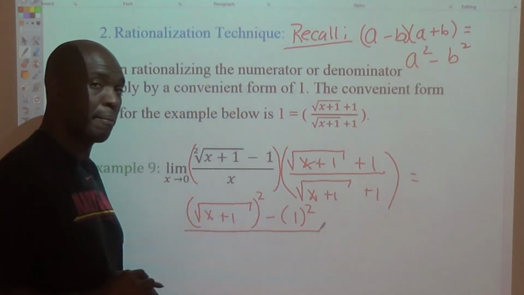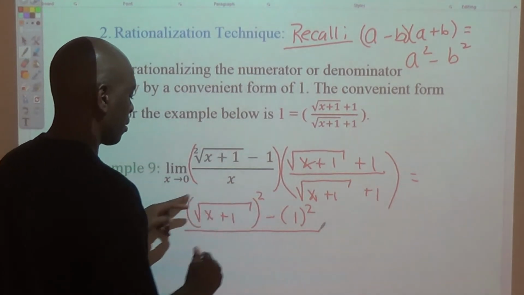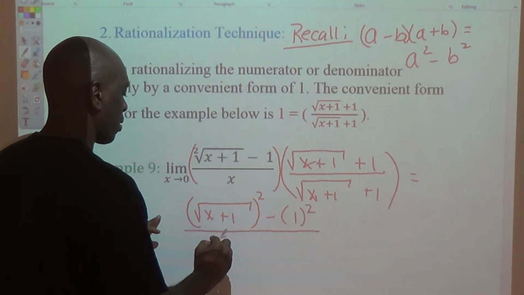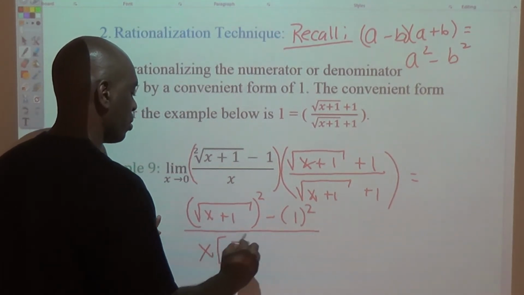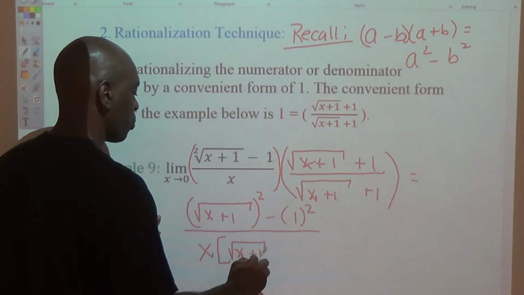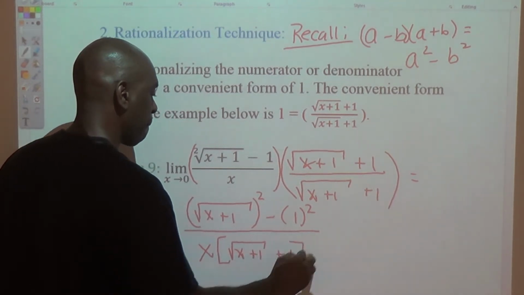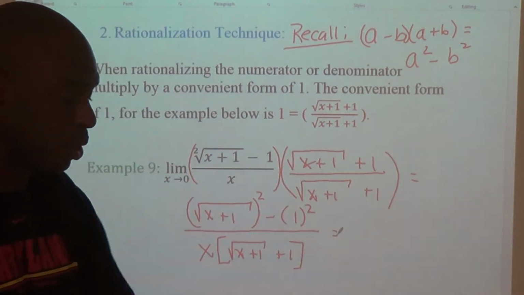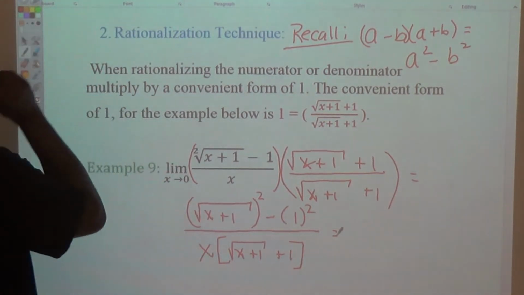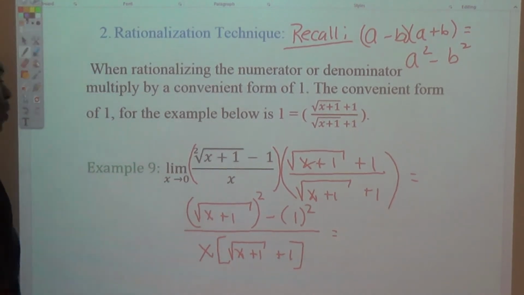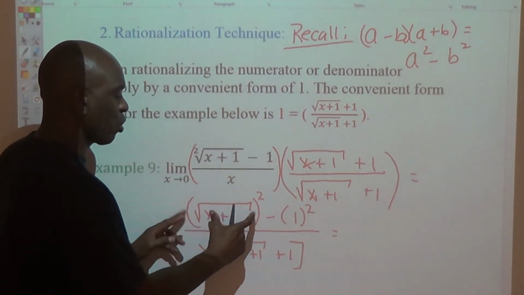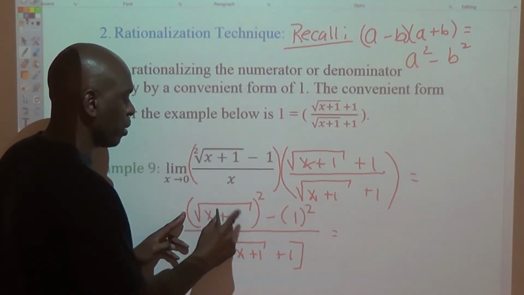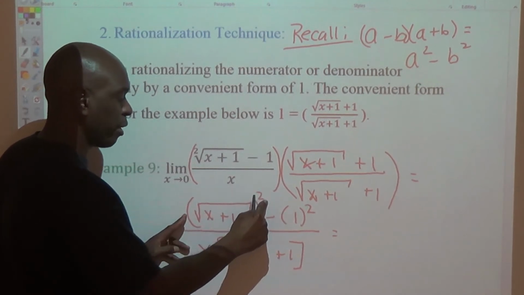All divided by x from right here times the square root of x plus 1 plus 1. We're on our way. You have to keep multiplying. Okay, let's go. And so now what happens? Well, what is the square root of x plus 1 quantity squared?